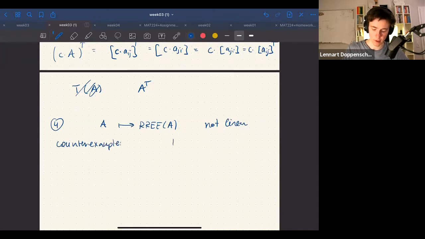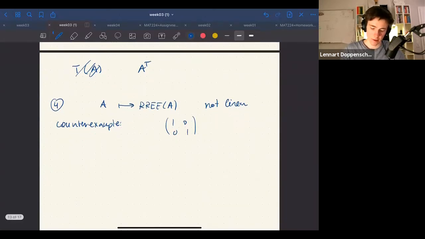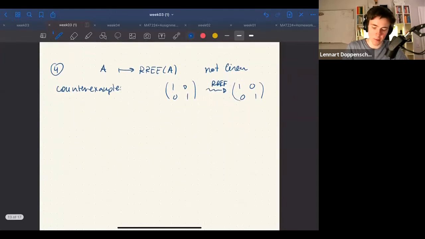Well, if we take the matrix 1, 0, 0, 1, then this is already RREF, right? So if we row reduce, this is still 1, 0, 0, 1. But if we multiply this with 2, so say 2 times 1, 0, 0, 1.